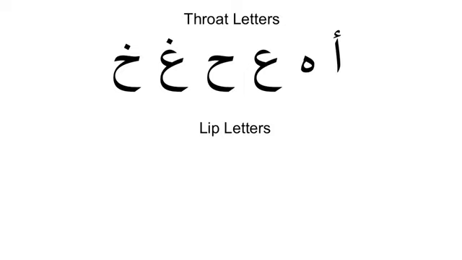These 4 letters have their articulation point particularly from the lips. They are Fa, Waw, Ba, and Mim. Those are the 4 lip letters.